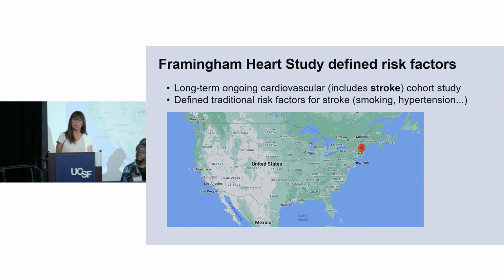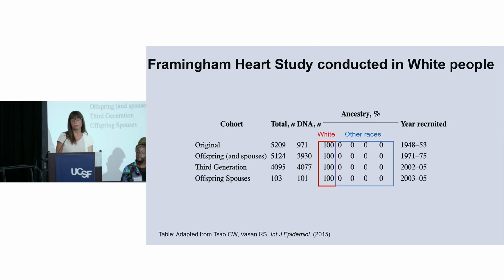However, this study was done on residents of this small town Framingham in Massachusetts, and this study has its limitation. So 100% of the population were white. So we cannot generalize those findings, and it's possible that because of that we missed including some risk factors that are not present among the white people.